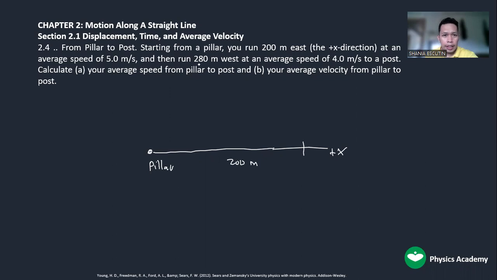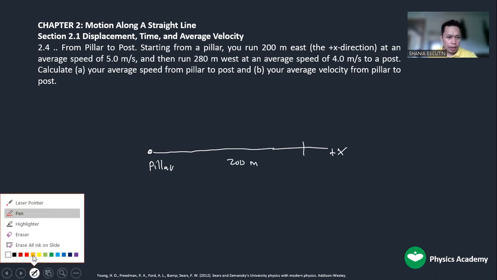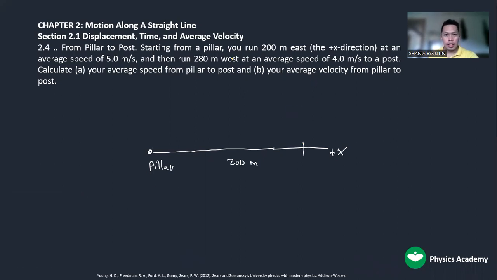And then you run 280 meters west at an average of 4.0 meters per second to a post. From your position, you run west. So here, south, west, north, east.